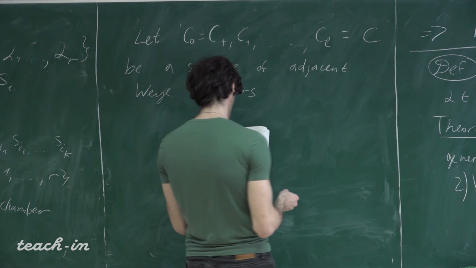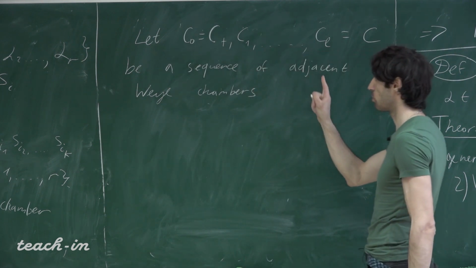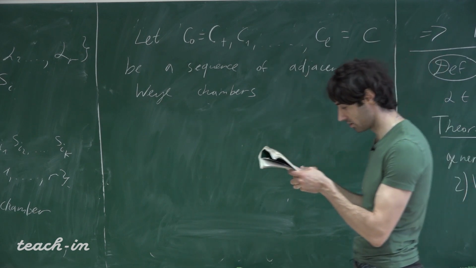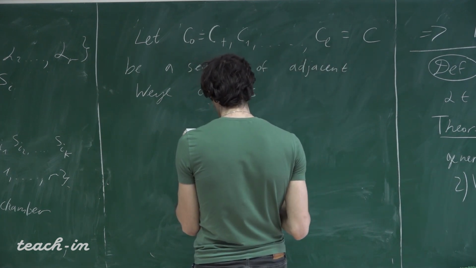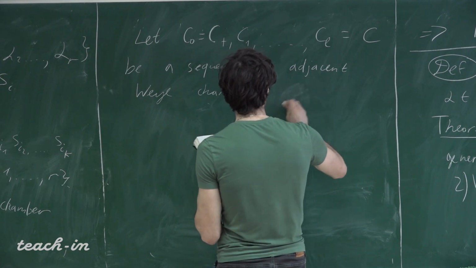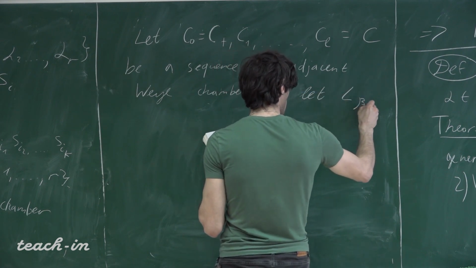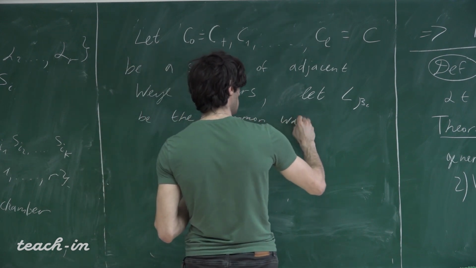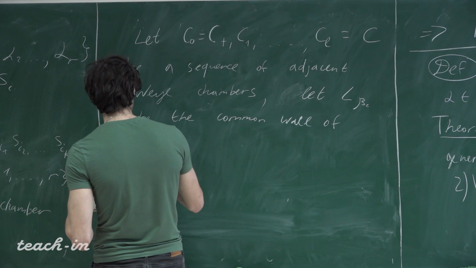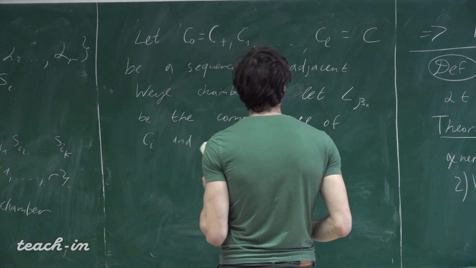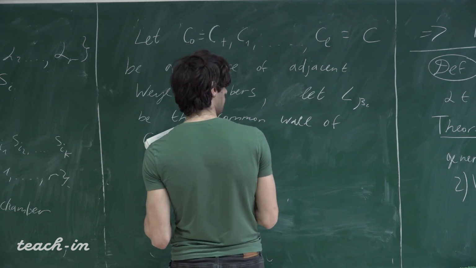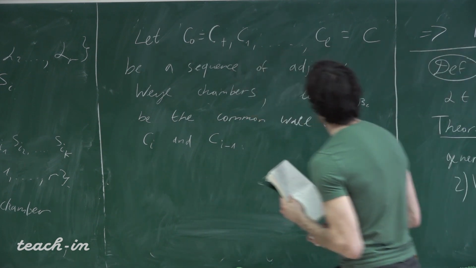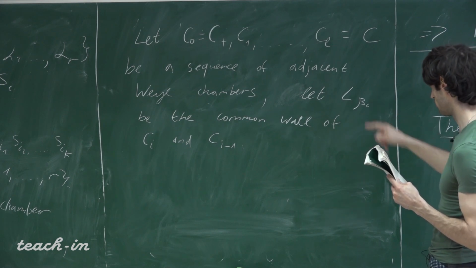And then let me also fix a wall which is a common wall of C_i and C_{i-1}. Let L_{beta_i} be the common wall of C_i and C_{i-1}. This is just some notation.